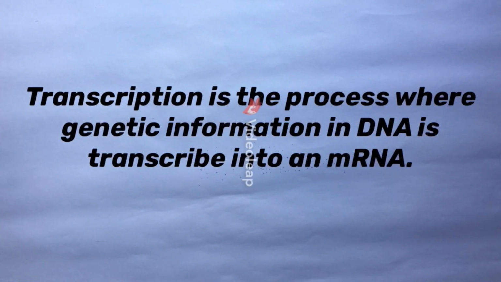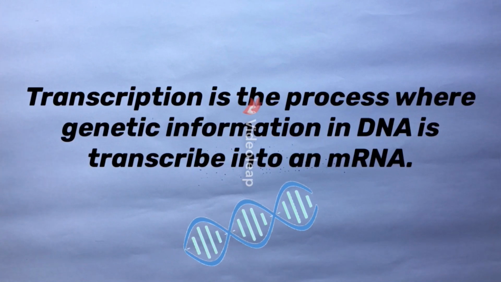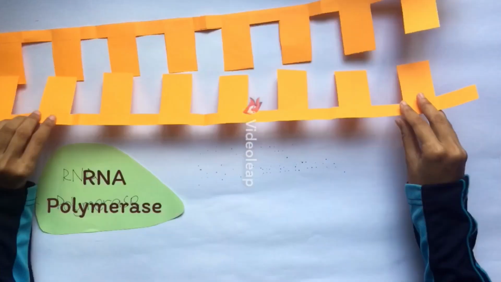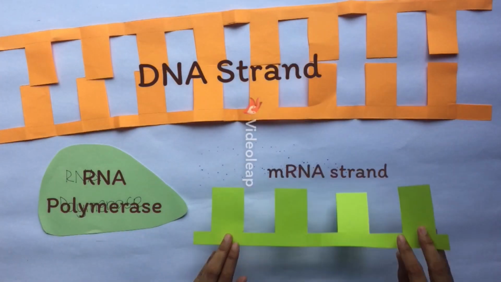Transcription is the process where genetic information in DNA is transcribed into an mRNA. The molecules involved in the transcription process are RNA polymerase, DNA strand, and mRNA strand.